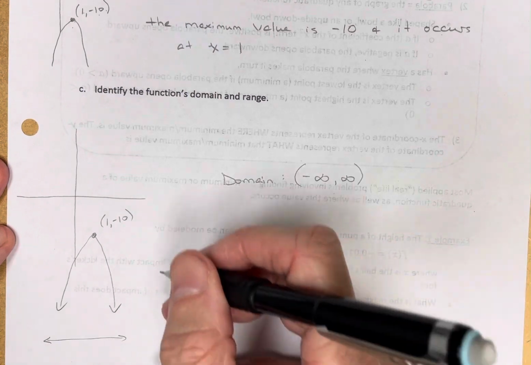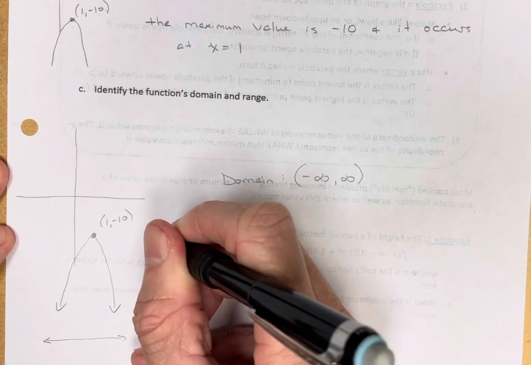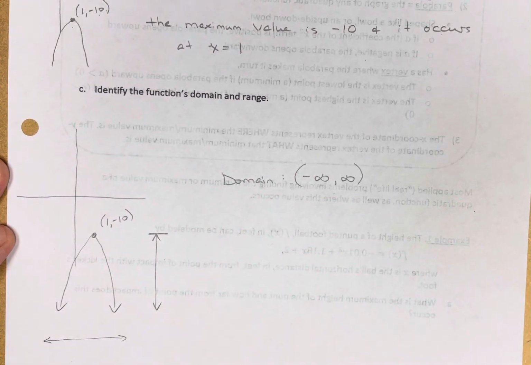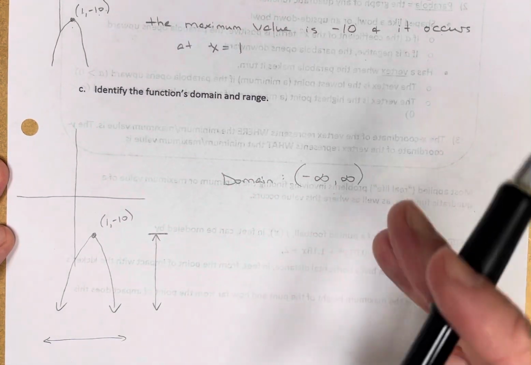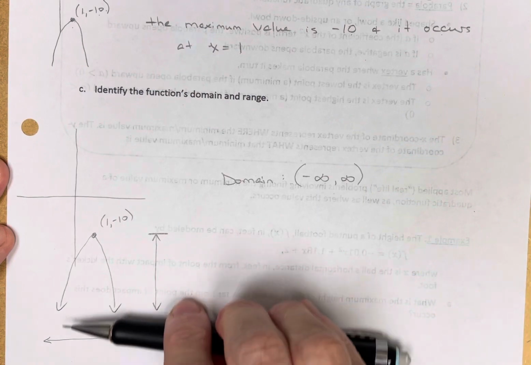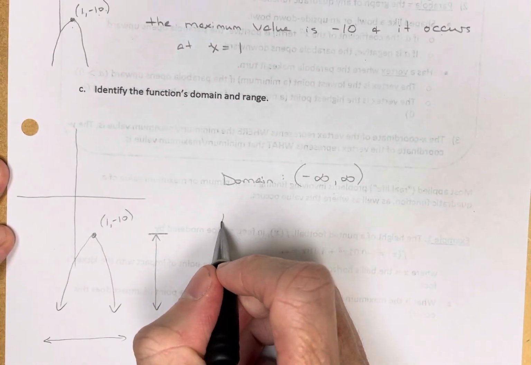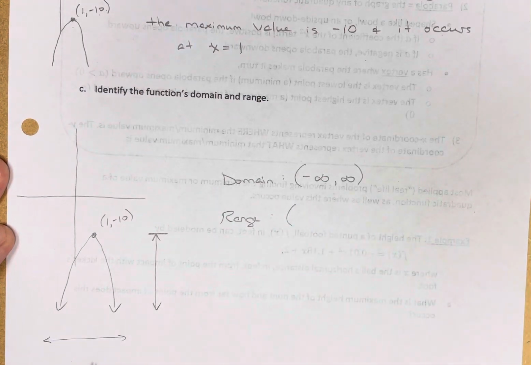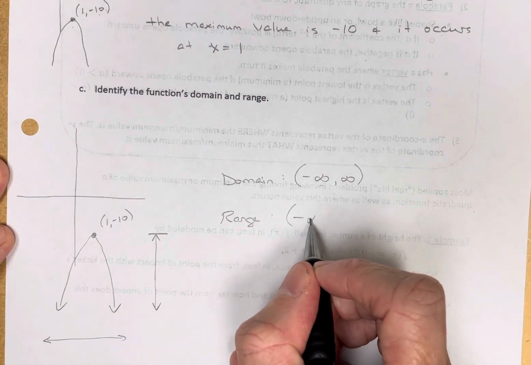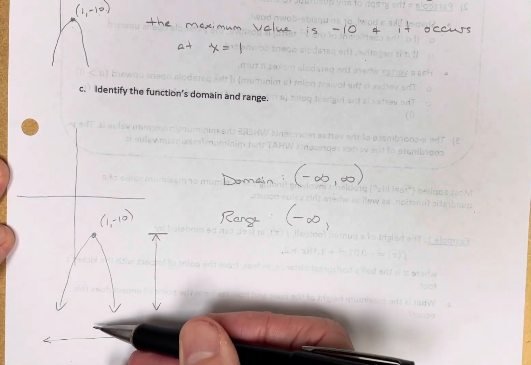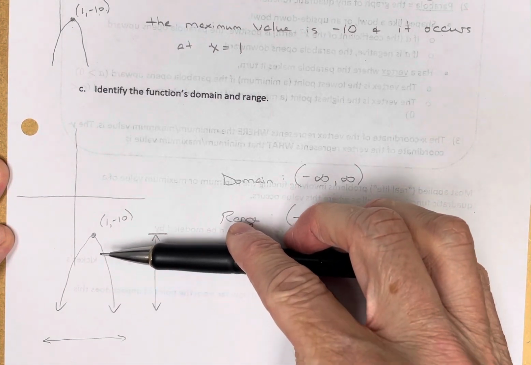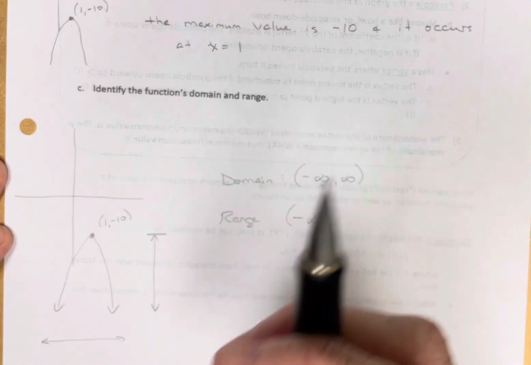My range is in the y direction, and notice I have a hard stop. So my range goes from bottom to top. From the bottom, it's going to negative infinity, so negative infinity is where I start my range. As I work my way up, I have a hard stop at negative 10.